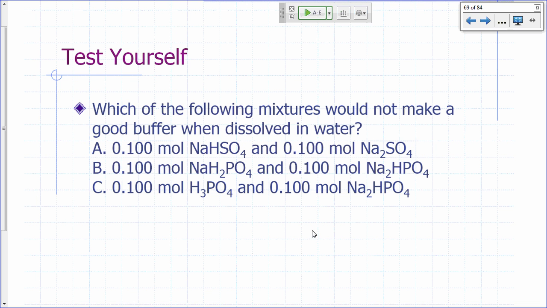So let's try this question right here. Which of the following mixtures would not make a good buffer when dissolved in water? Examine this pair that we have here.